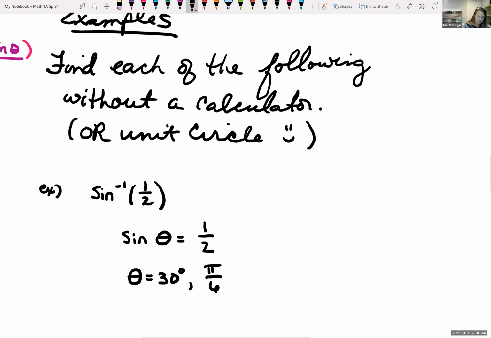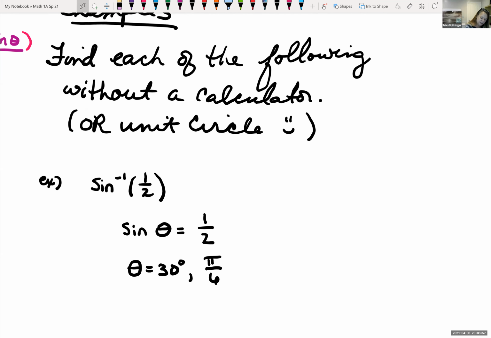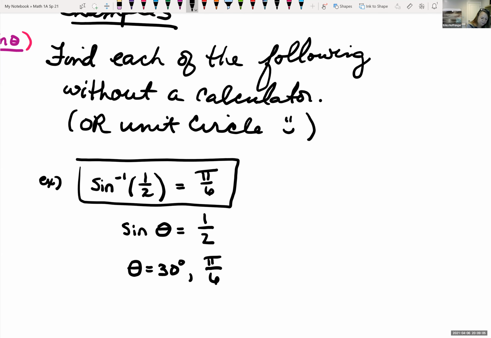So sine inverse of 1/2 would equal, and they want it in radians, pi 6. There are two angles that would have given us back positive 1/2. The thing is that we had to limit ourselves to just quadrant 1 for the positive values.